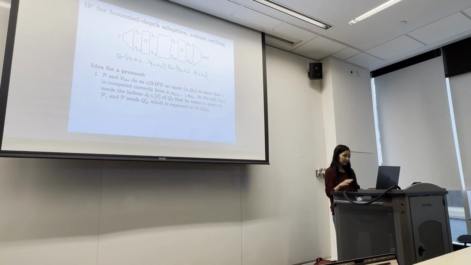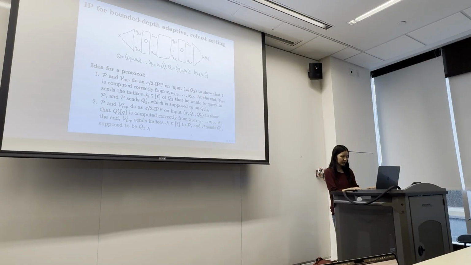So at this point, we can't continue like before because now it might no longer be efficient for us to verify that Q2 prime is correct, because the queries to the second layer of oracle gates can depend on any number of answers from the first layer. So we can't just continue exactly as before, but the idea is, okay, maybe we just do another IPP.